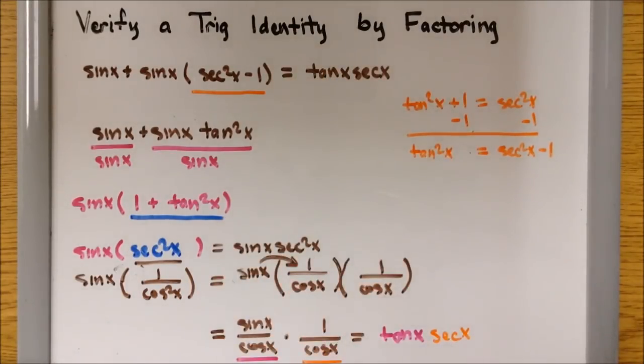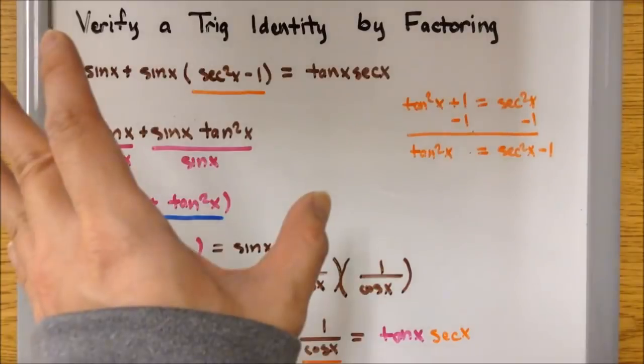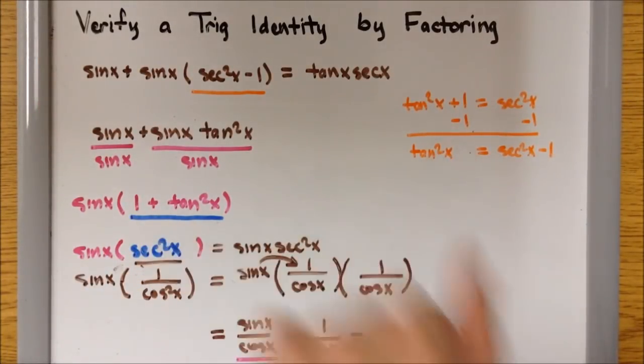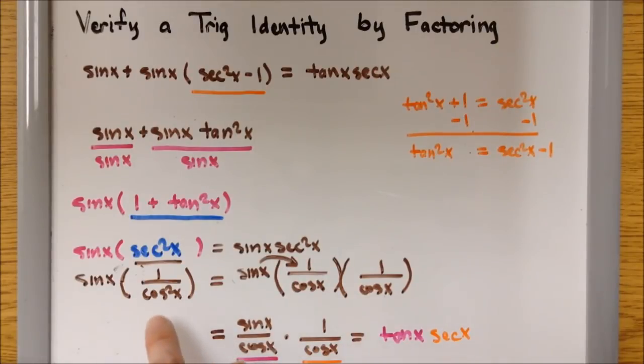So we finished the left side, working it out, applying the Pythagorean identity twice, the exact same one. Expand the fraction 1 over cosine square of x, multiply, and then apply the quotient identity, and then apply the reciprocal identity to get tangent of x times secant of x. So pretty much done. So Q.E.D.